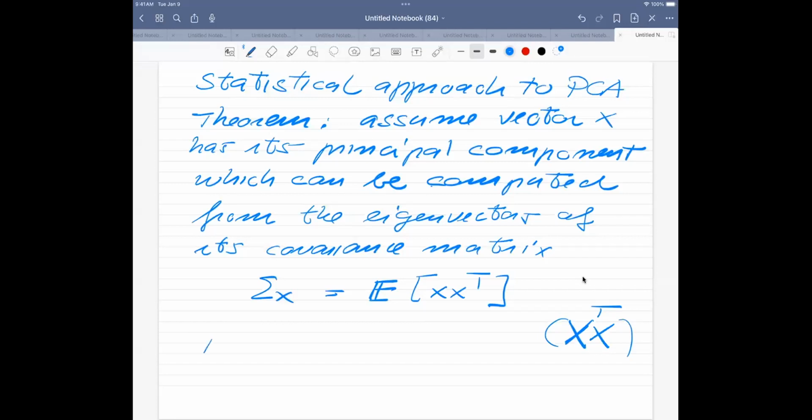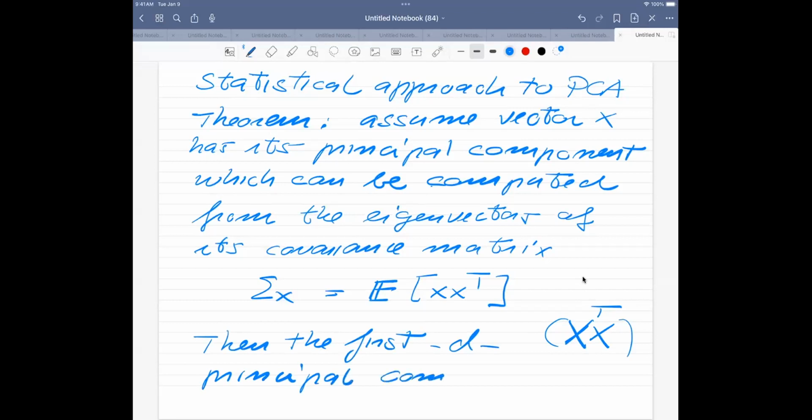Then what we have is that the first D principal components, if D is the dimensionality. And keep in mind also that I have centered the results. So when I look at one of these entries X, I have subtracted the mean value.